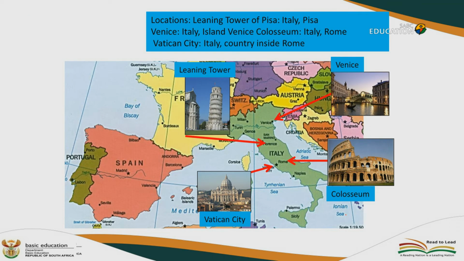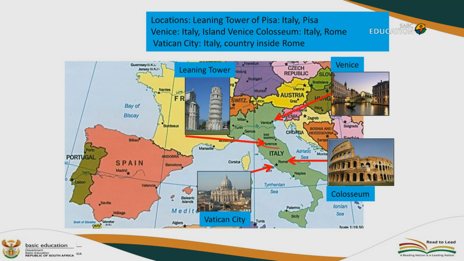Let's visit Italy. What do we have? The Leaning Tower. Where is this Leaning Tower? It is in Pisa. That is why it is called the Leaning Tower of Pisa. Check the structure.